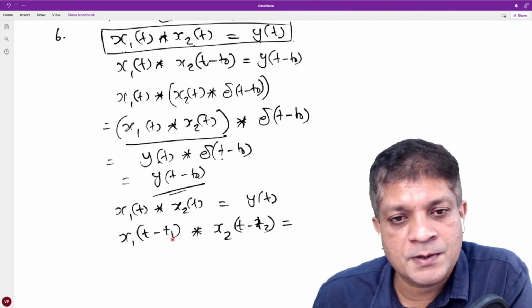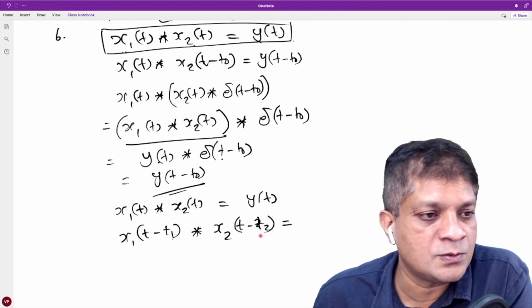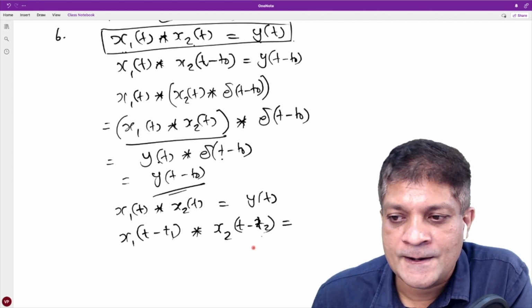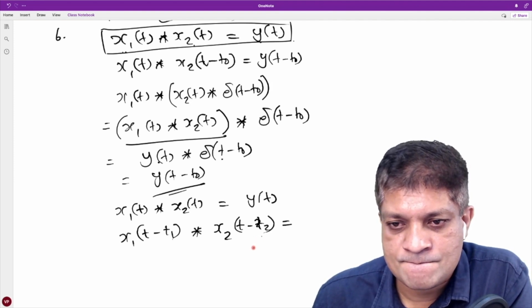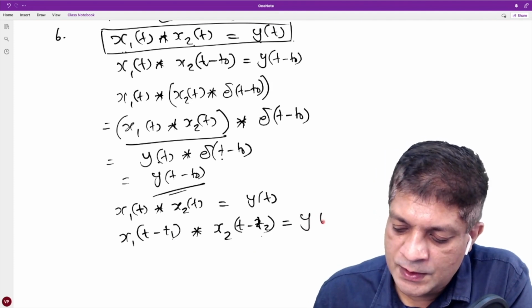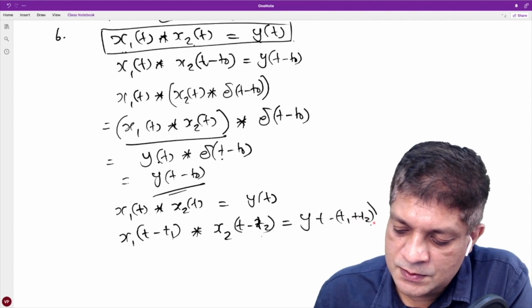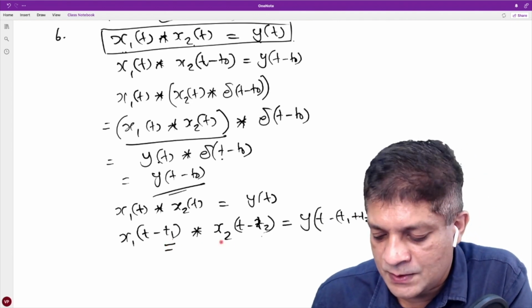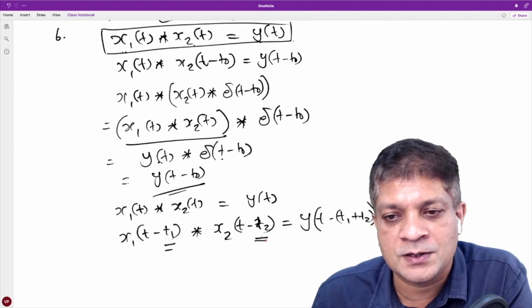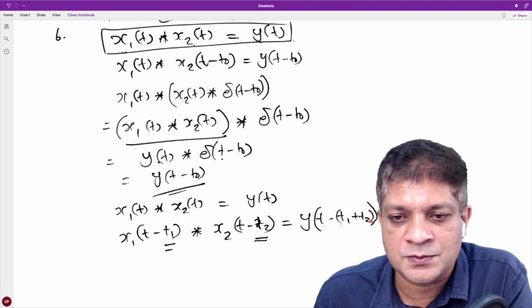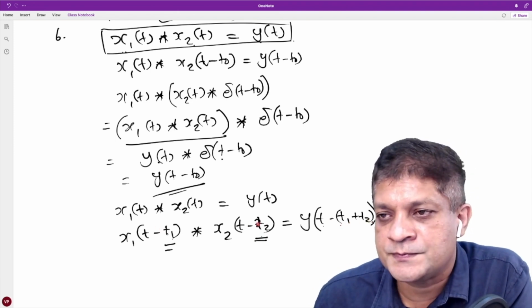It is y(t - t1 - t2). So we can say that if the first signal is delayed by t1 and the second signal is delayed by t2, then y(t) is delayed by how much? t1 plus t2, the sum of these two delays.